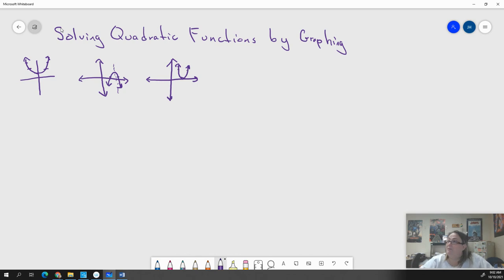That gives us a lot of information because once we find that turning point, we can always predict the rest of the points. I drew these in this way specifically because I want to talk to you a little bit about solutions of quadratic functions.